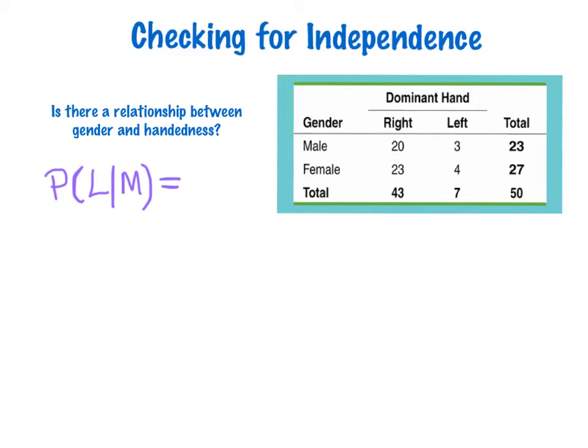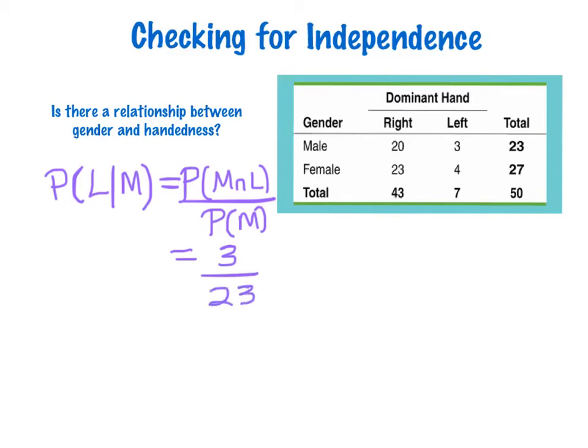But if we use that conditional probability formula, we're looking at the probability of being male and left-handed divided by the probability of just being a male. Male is the condition. Notice that whatever the condition is, that's your out of in your probability. So this is 3 left-handed males out of 23 males.